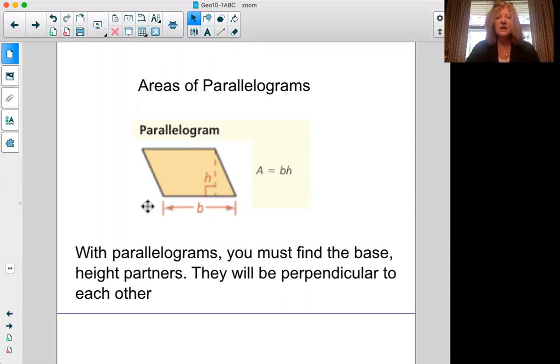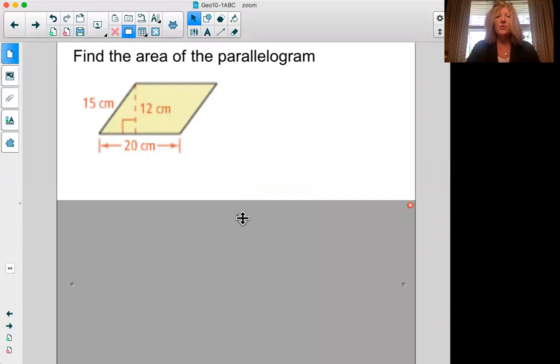And so in order to find the base and the height for the parallelogram, it's a little more challenging than just taking the sides, because in a regular parallelogram, the sides are not perpendicular. When you look at the situation in a parallelogram, we have to remember opposite sides are congruent, 15, 15, 20, 20.